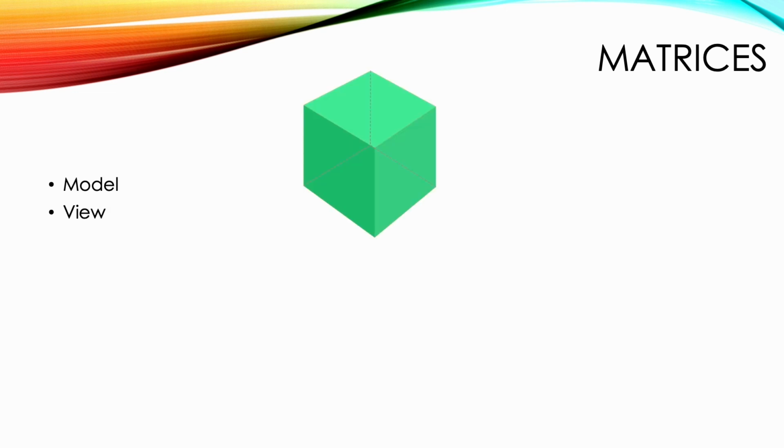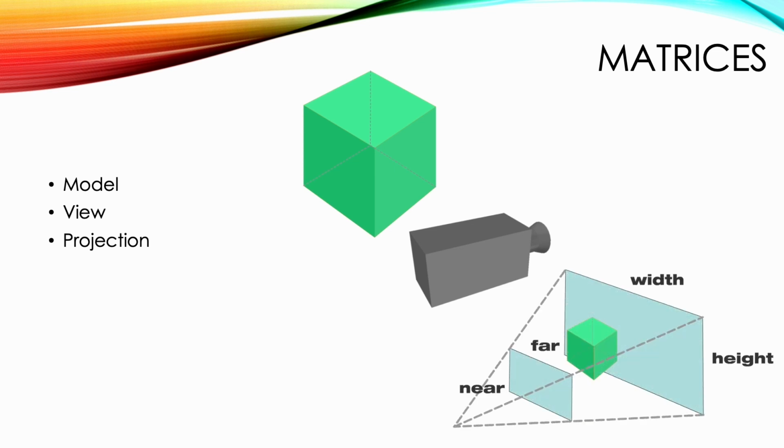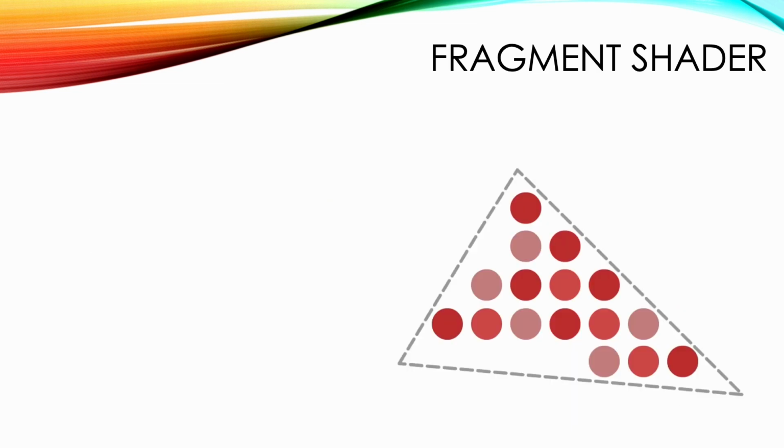But it's useful to know that the library uses a matrix for the model that moves, rotates and scales it, another for the view, which takes the camera's position into consideration, and finally a matrix that projects this onto the 2D screen. As well as the vertex shader, we also have a fragment shader. This works at the pixel level.